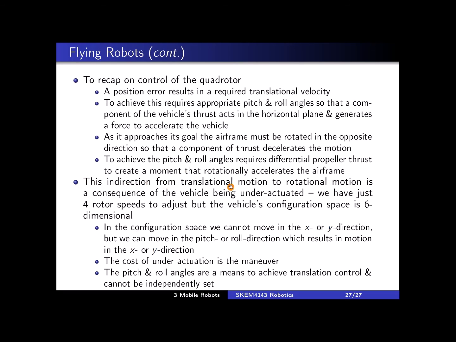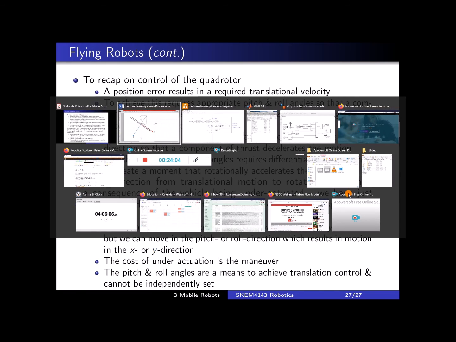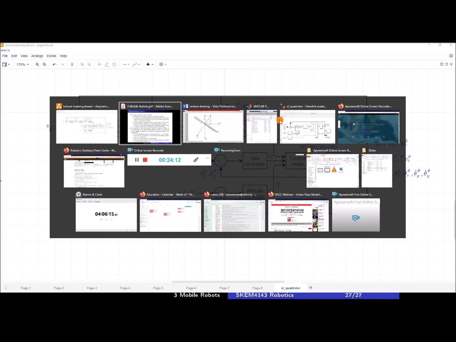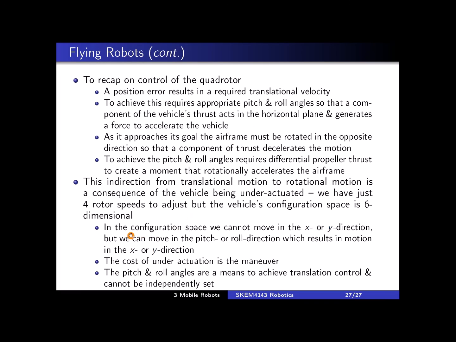So this phrase here, translational motion to rotational motion, is shown here, right? This is translational motion and this is rotational motion. In the configuration space, we cannot directly move in the X or Y direction, but we can move in the pitch or roll direction, which results in motion in the X or Y direction.